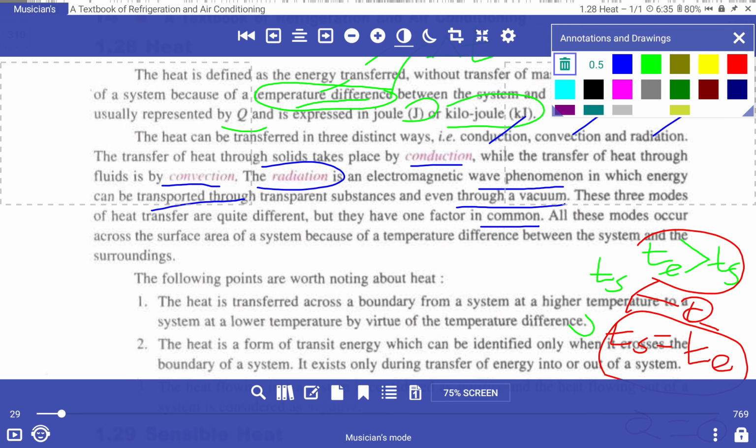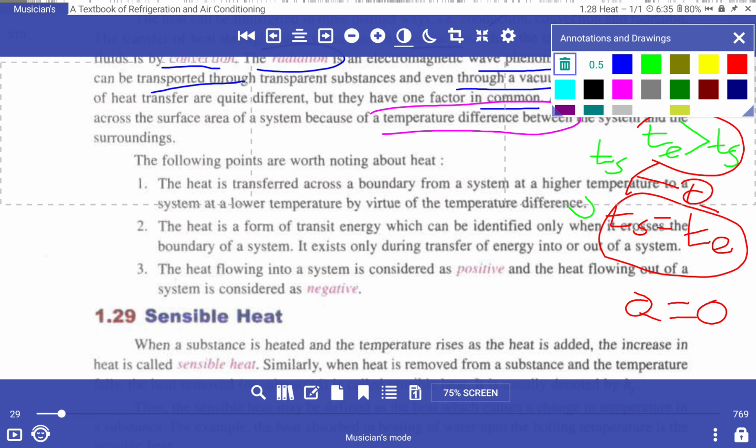The common denominator is the difference of temperature of the system and the surrounding. I have just explained that, right?